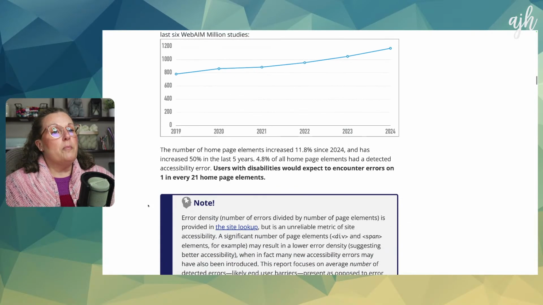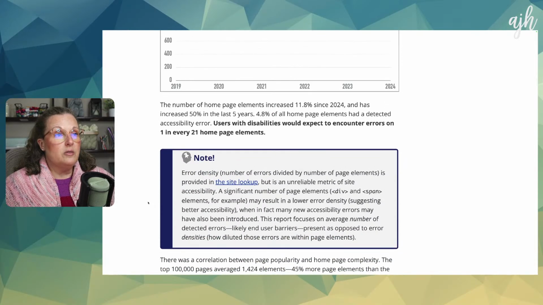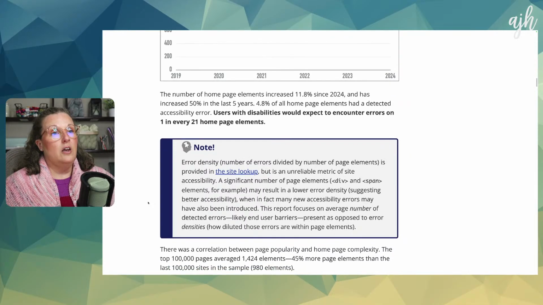The number of homepage elements increased 11.8% since 2023 and has increased 50% in the last 5 years. 4.8% of all homepage elements had a detected accessibility error. Users with disabilities would expect to encounter errors on 1 in every 21 homepage elements.